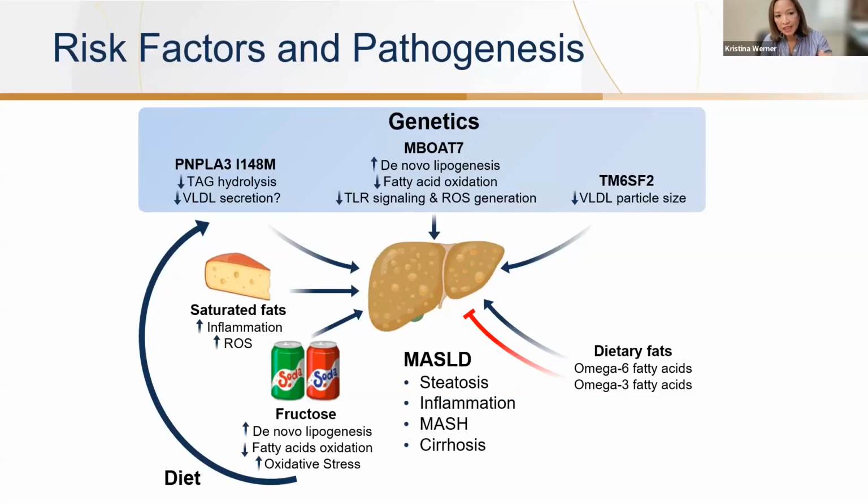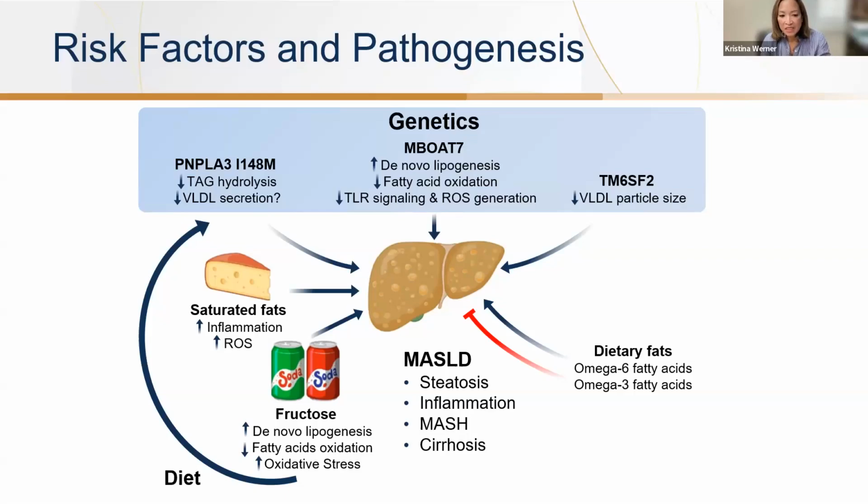So really the key mechanism and steps: you have free fatty acids, de novo lipogenesis, and reduced lipid export leading to hepatic lipid accumulation, or steatosis. And then the accumulation of toxic lipid species, or free fatty acids, as well as free cholesterol, can damage the cell membranes and mitochondria, etc. And then there's mitochondrial dysfunction and oxidative stress, leading to lipotoxicity and cellular stress.